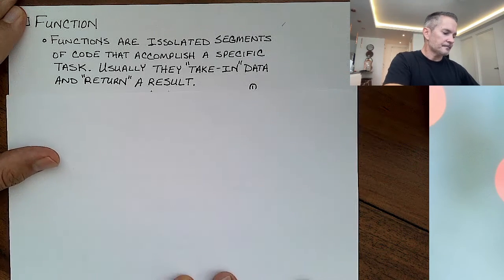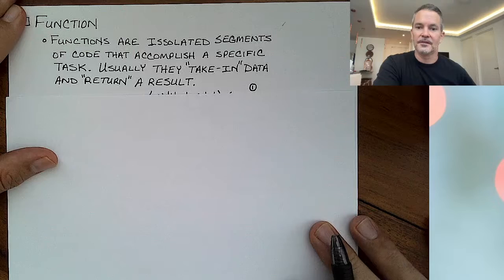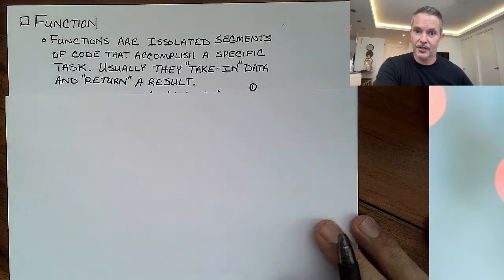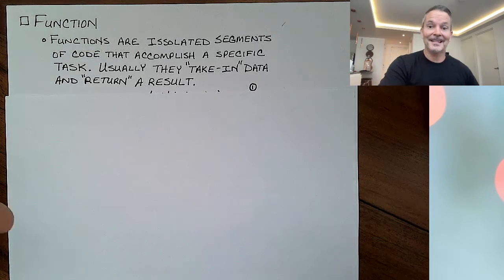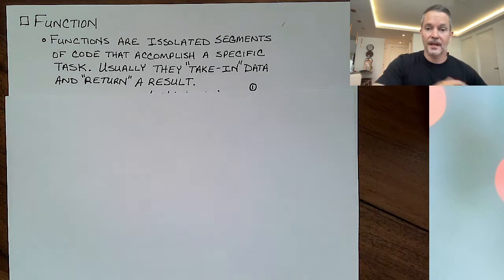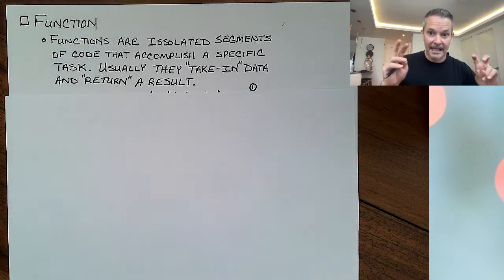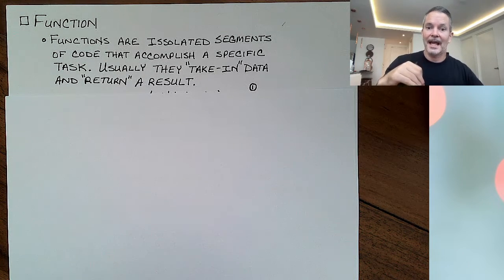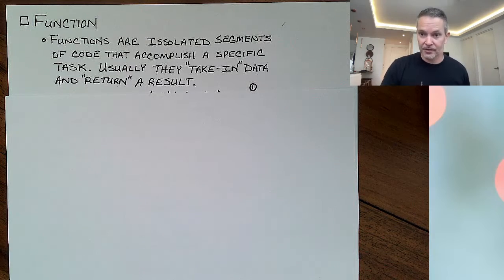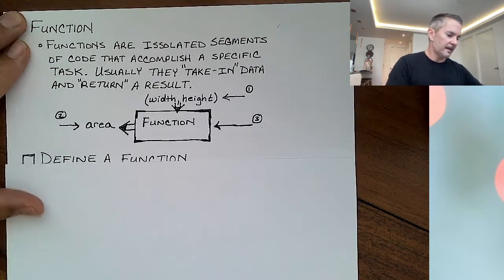All right. Let's take a look at just a definition of functions. Functions are isolated segments of code that accomplish a specific task. Usually they take in data, what we call parameters, and they return a result back to the user. So let's take a look at that claim.